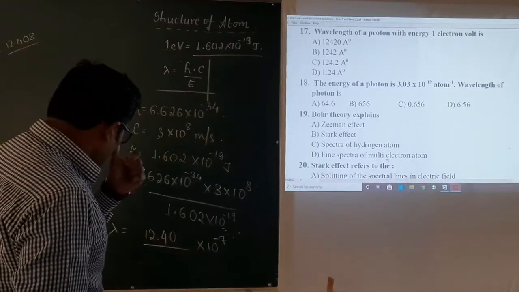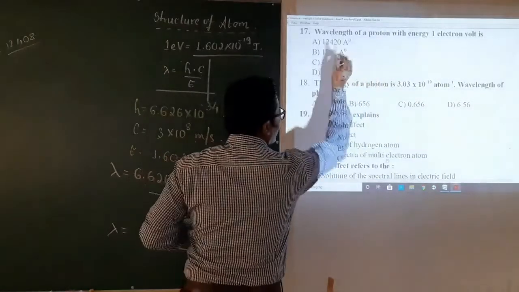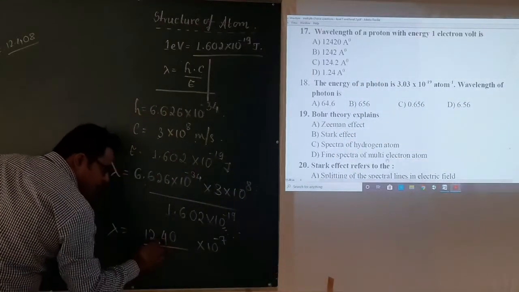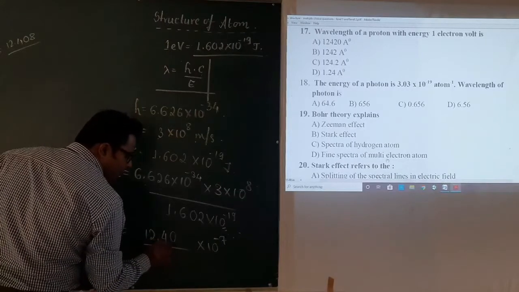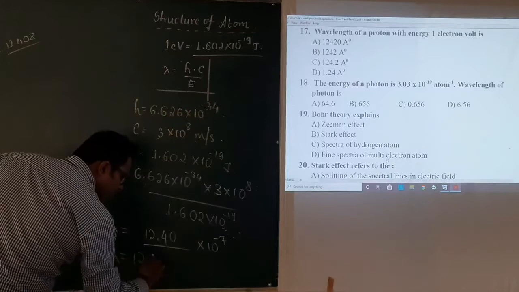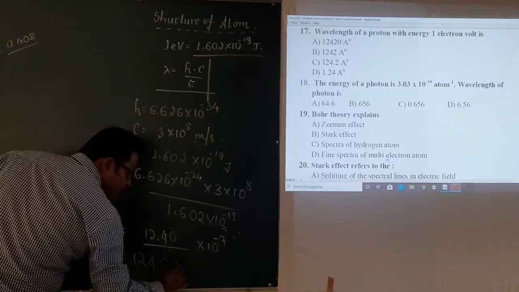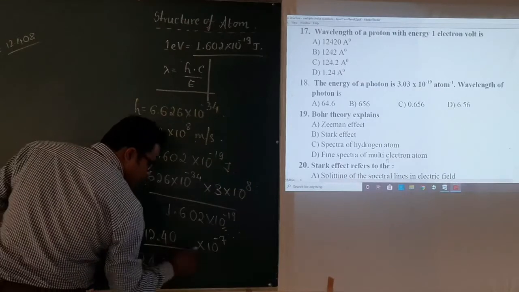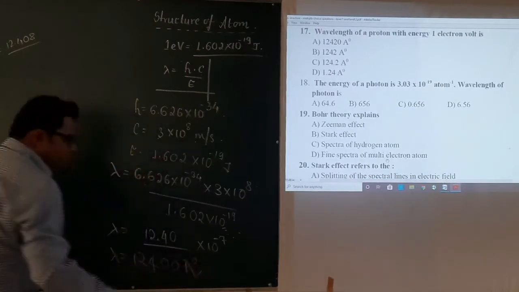So therefore, here they have asked us in the form of angstroms. So when I shift the decimal by 1, 2, 3 places, it is going to be around 12400 angstroms. Okay, that is going to be in the form of angstroms.